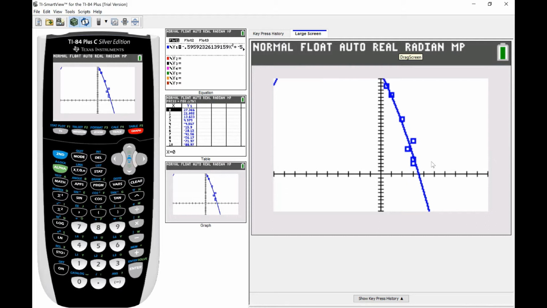So now we're going to use this equation to predict the value of y when x is 2. Now, because I stored that equation into y1, I don't have my rounded equation, and I'm going to use the rounded equation for this problem.